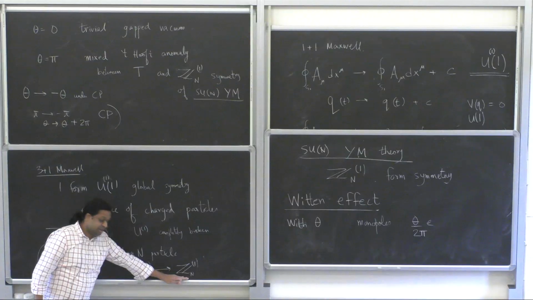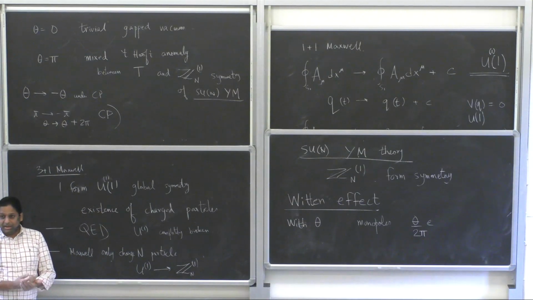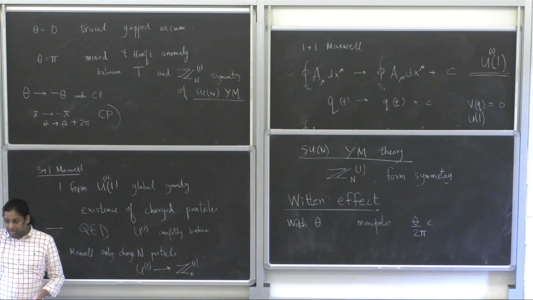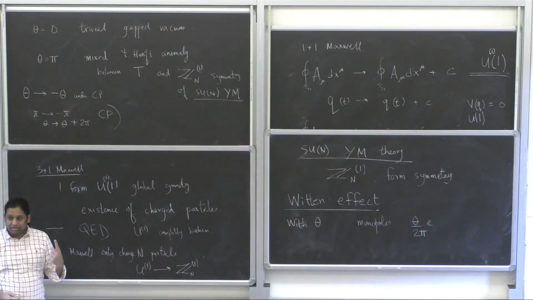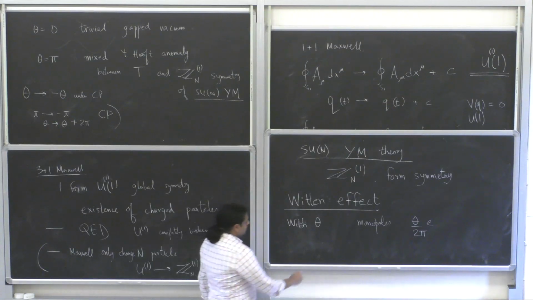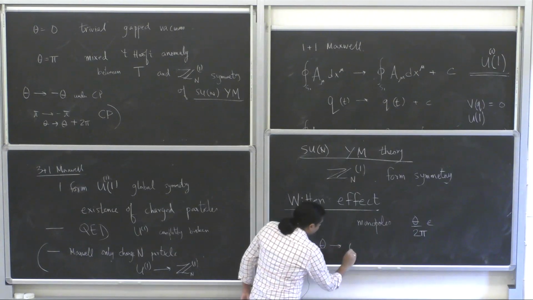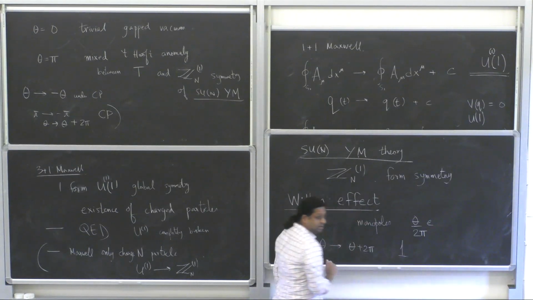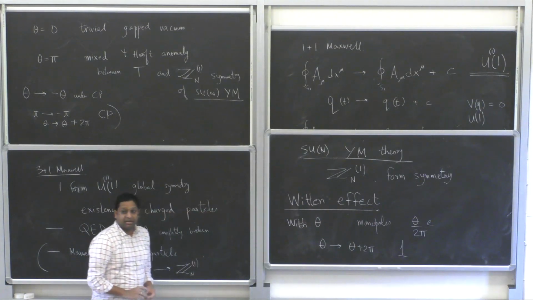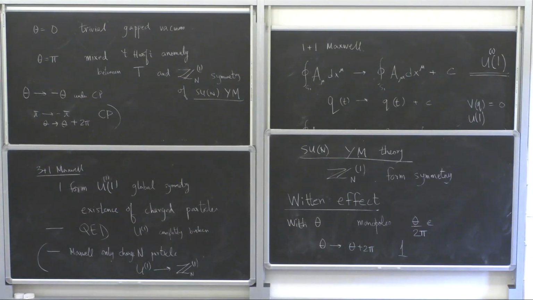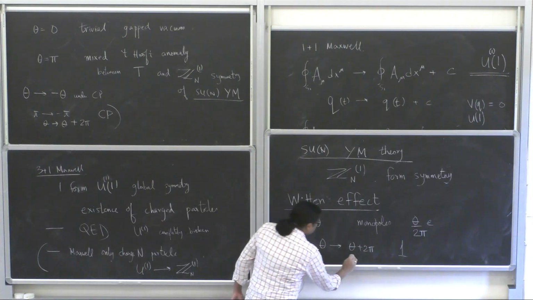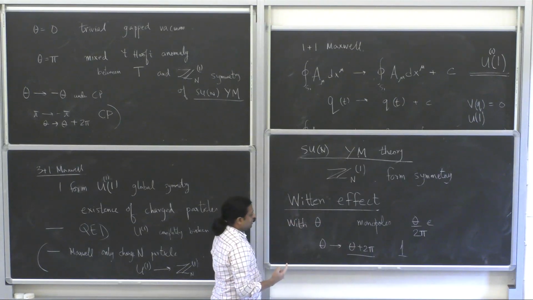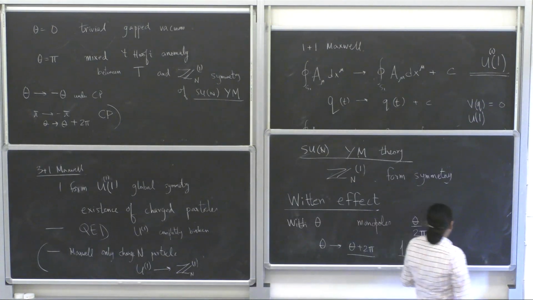Let's work with this case. We have Zn symmetry. There were charge 0 particles, there were charge n particles, there were charge 2n particles, but there was no charge 1 particle. But you take a magnetic monopole and you send theta to theta plus 2 pi. That magnetic monopole now has charge 1 due to the Witten effect. So starting with a magnetic charge, you could convert it into a unit electric charge using the Witten effect.